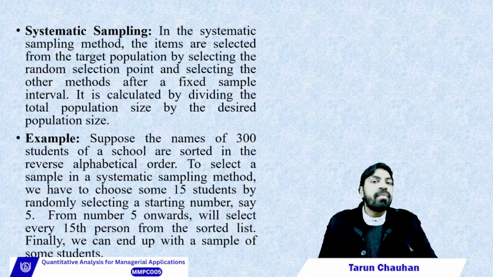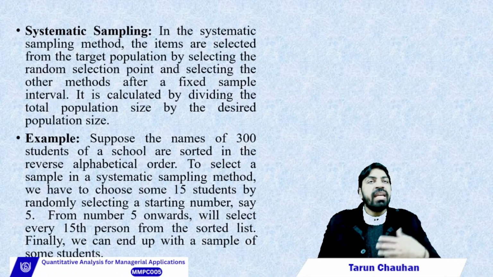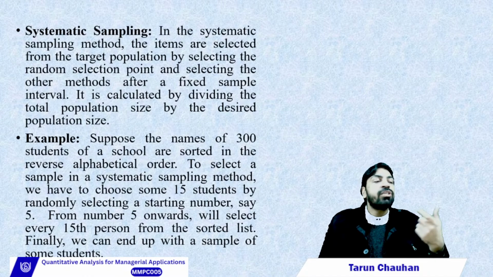That is called systematic sampling, where from the number 5 onwards, we select every 5th item from the sorted list, and we end up with a sample of students. So this is how systematic sampling works. If we have 300 students and we have to apply systematic sampling, we decide a starting number, say 2.